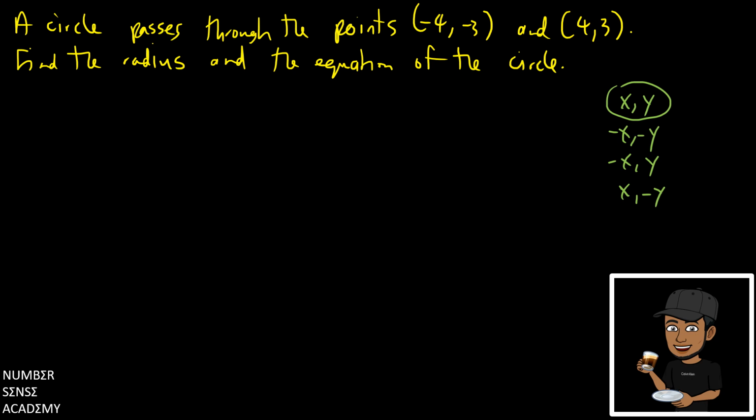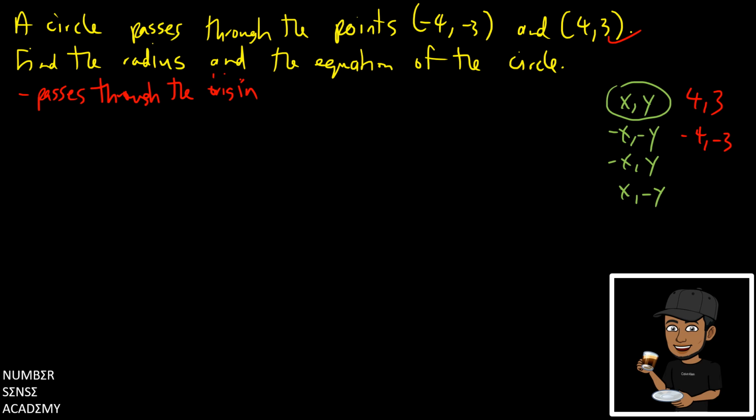So I'm given this as 4, 3. So that's that point. When I look at -4, -3, it fits this bill. So because of that, it has a center at the origin. So with that information, I don't need to do any extra calculations. I could keep it as simple as possible.